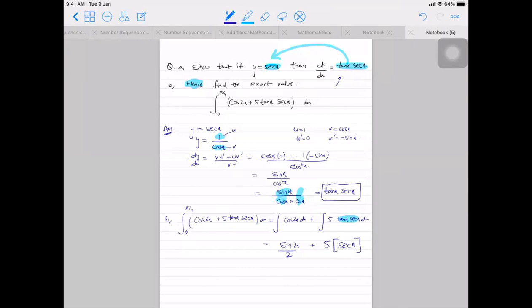So sine 2x over 2 plus 5 secant x, and we already have the limits with us, that is pi by 4 and 0. So we are going to substitute the limits now. Sine of 2 times pi by 4 upon 2 plus 5 times secant pi by 4.